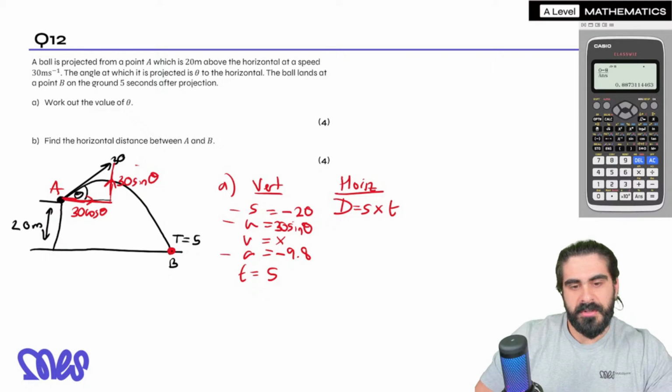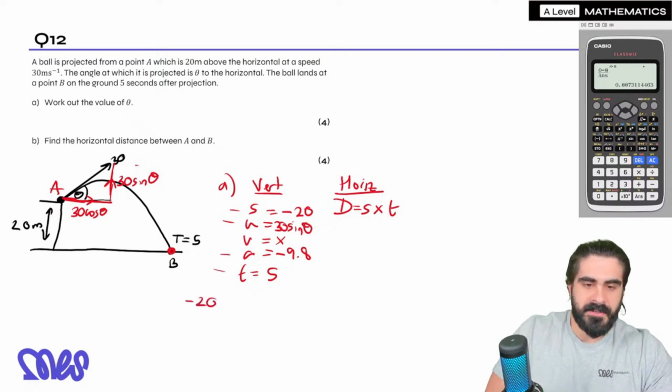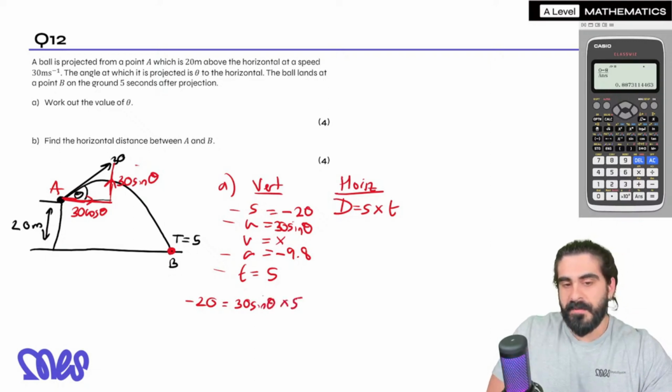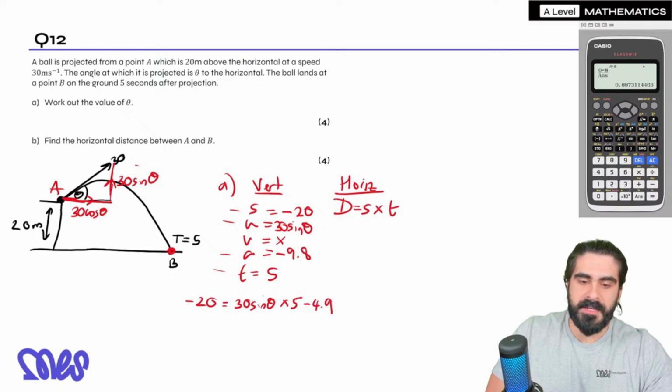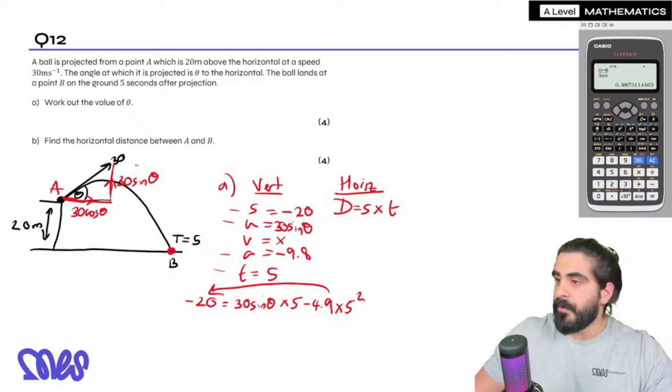So with SUVAT, S is UT plus half of A, half of A is minus 4.9, times T squared. Let's move that over. So it'll be 4.9 times 5 squared minus 20.